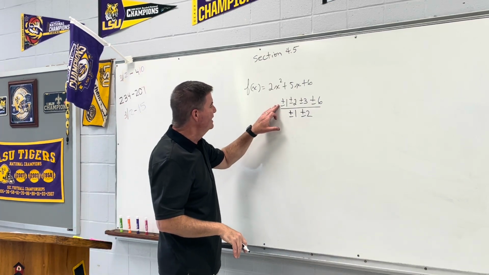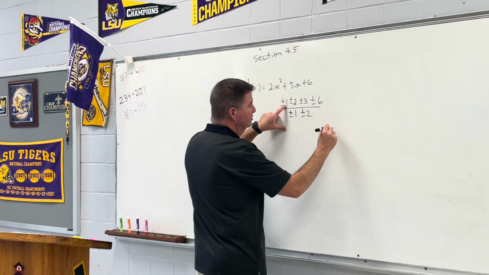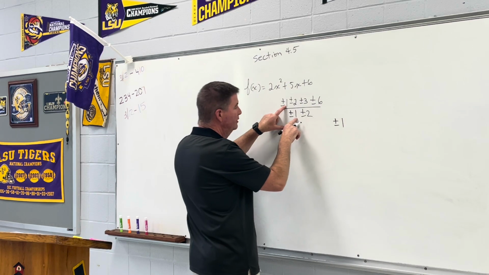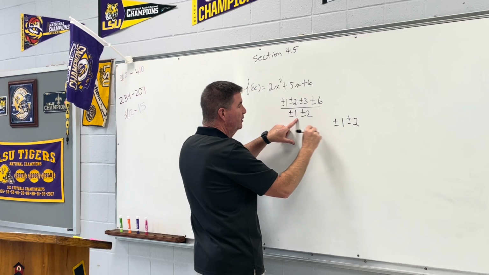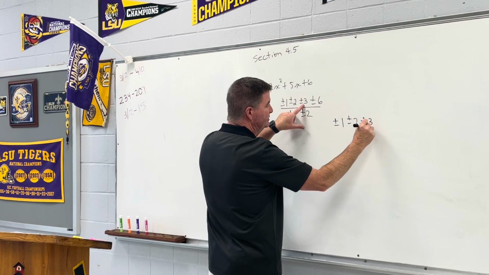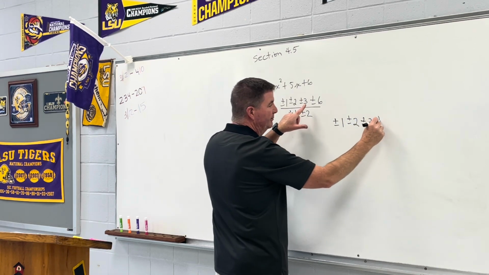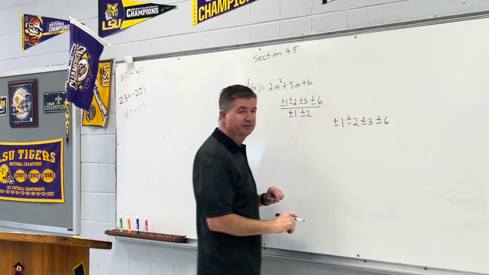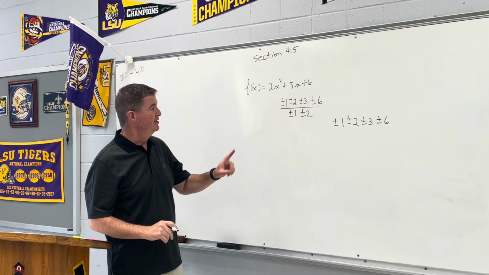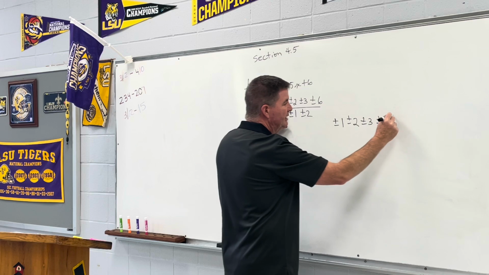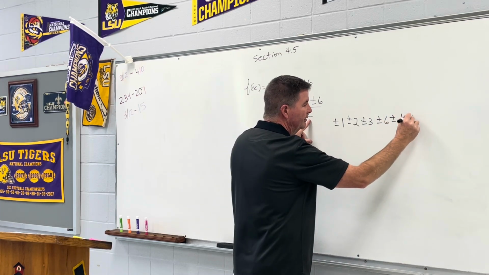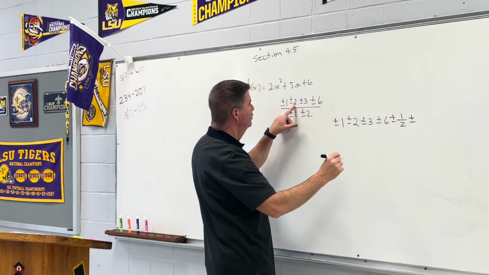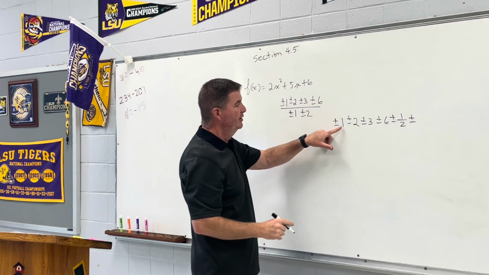So all the possibles is going to be plus or minus 1 over 1, plus or minus 2 over 1, plus and minus 3 over 1, and plus and minus 6 over 1. But then you also have plus or minus 1 over 2, plus or minus, well, 2 over 2 we already have.